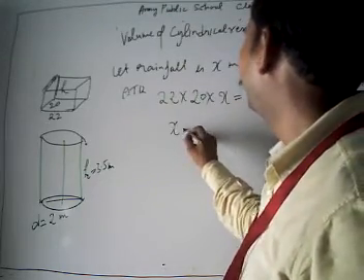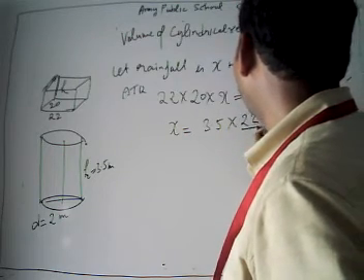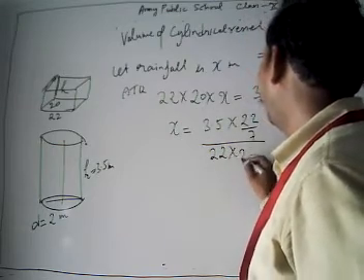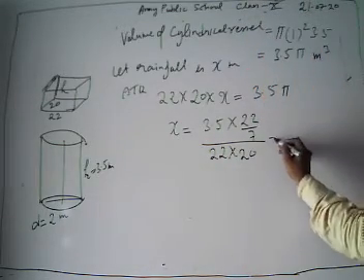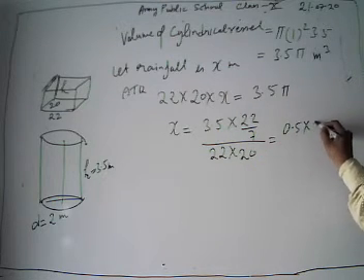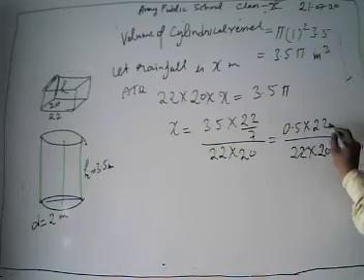Now look, what is our x? x is 3.5 into 22 by 7, putting the value of pi, divided by 22 into 20. Now 3.5 into 22 by 7 is 11, and 11 divided by 22 into 20.